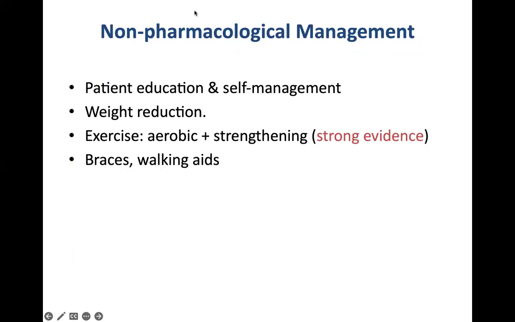And let's talk about the pharmacological management now. What type of pharmacological management will you prescribe for such cases?